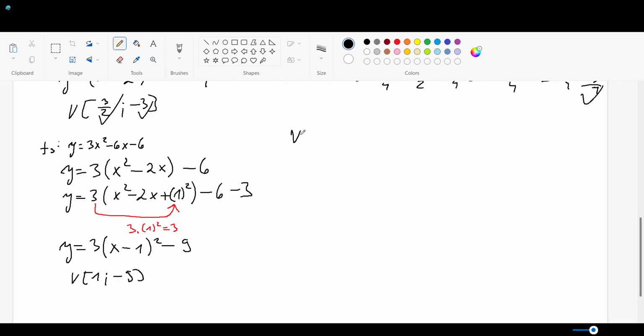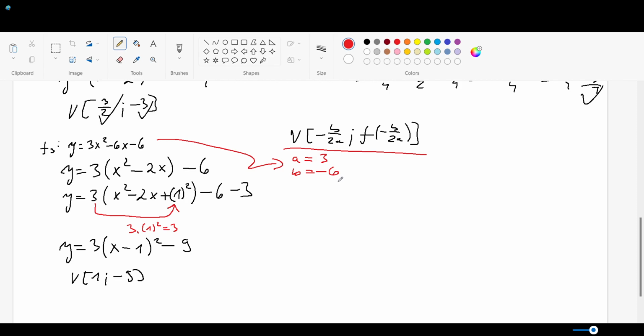Let's prove this by using the formula: the vertex x coordinate is negative b over 2a, and the second coordinate is going to be the value of the function at negative b over 2a. In our case, again you have to read the parameters properly. a is equal to 3, b is equal to negative 6. Basically, for calculating the vertex coordinates you don't need the coefficient c, but I will provide this information here.